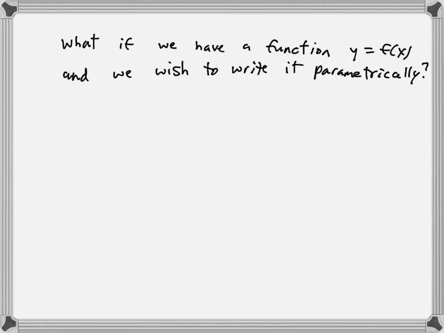Okay, this is easy. If you already have it in function form, that means you can translate it to parametric form right away, and you do that by just letting x be your parameter. And then y would just be f of t.